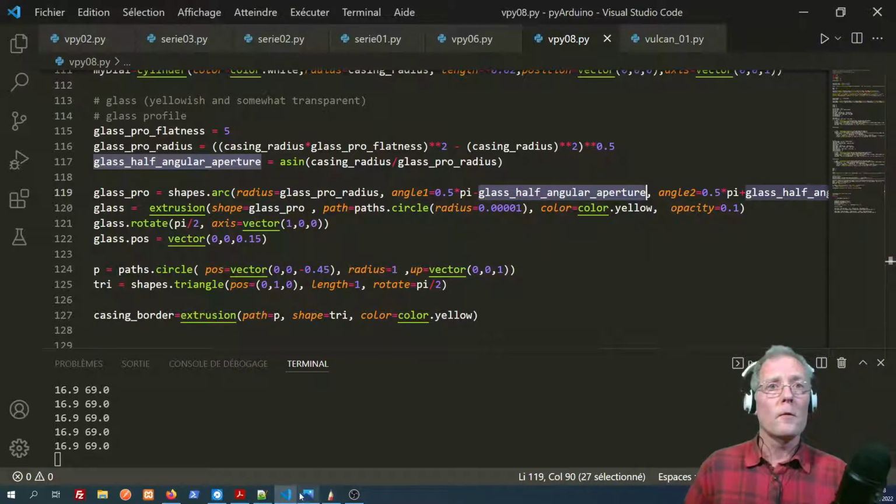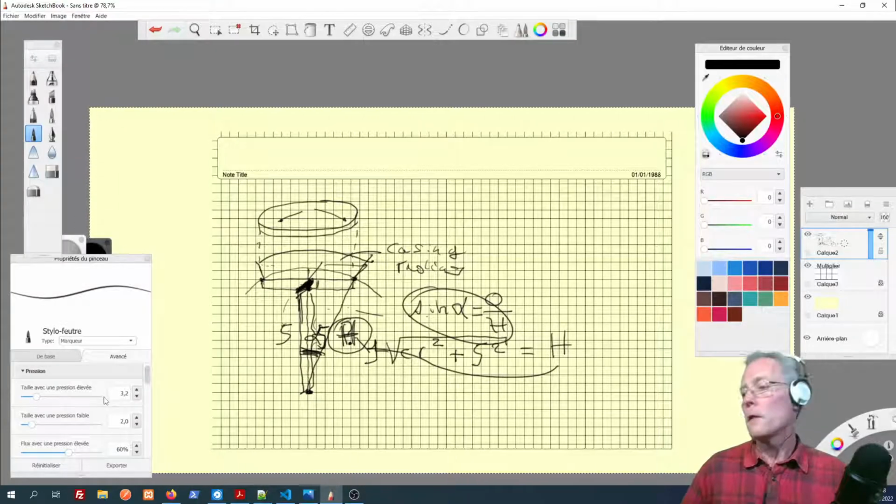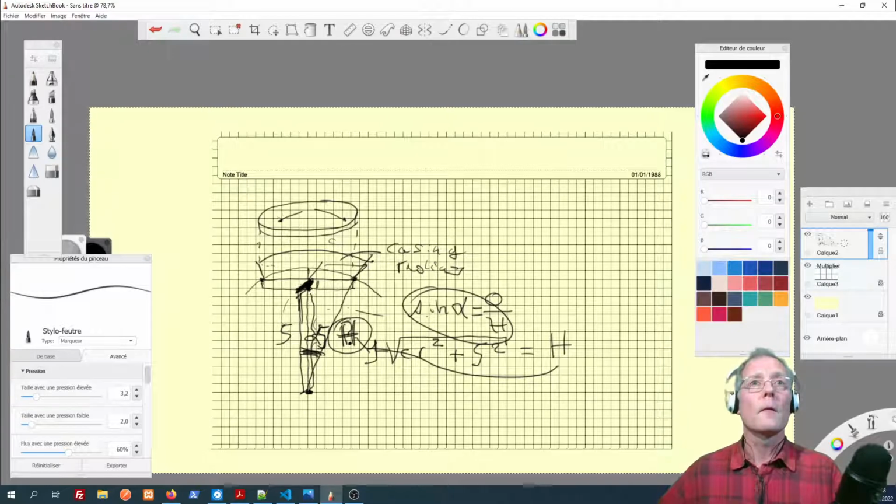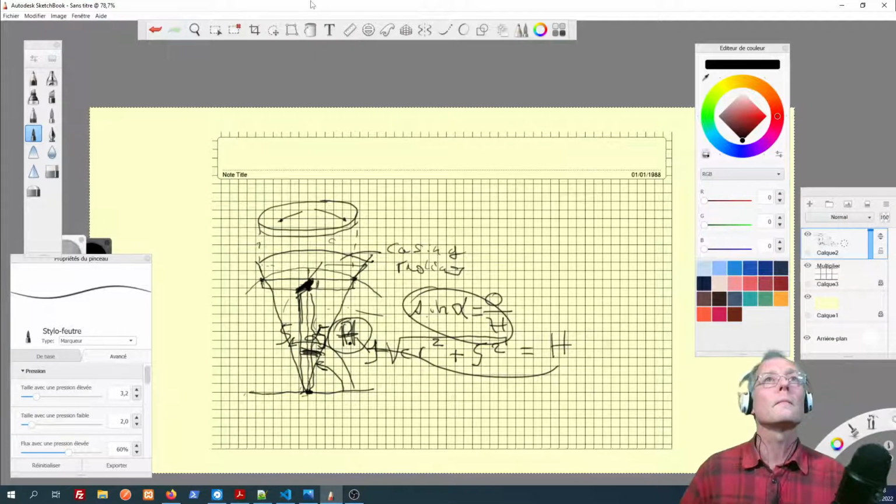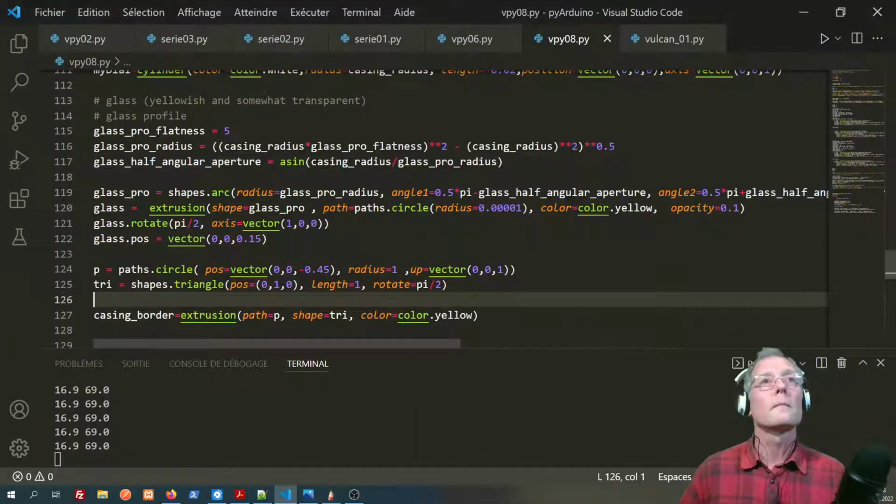So if we look at it here, this is the first angle going like this, and the second angle will use also a half aperture here. That is how I compute it.